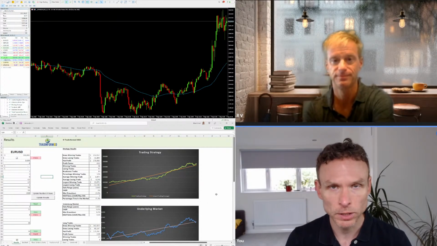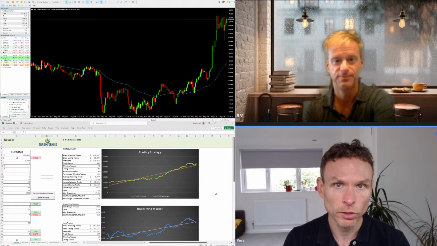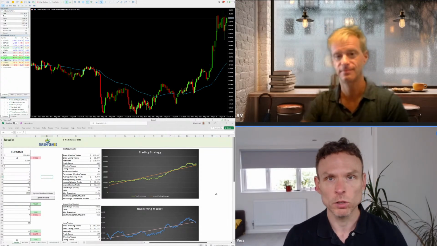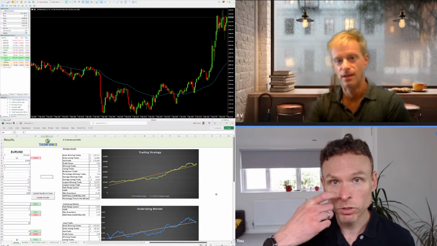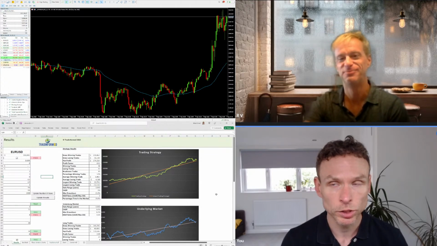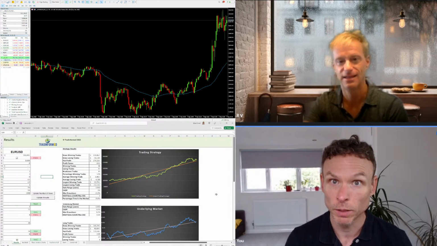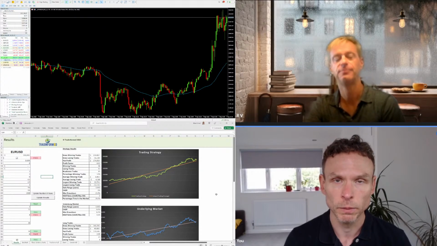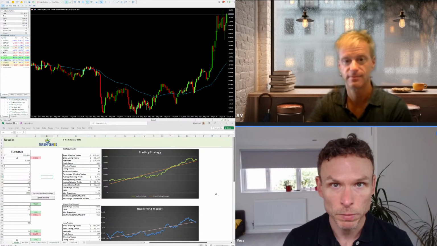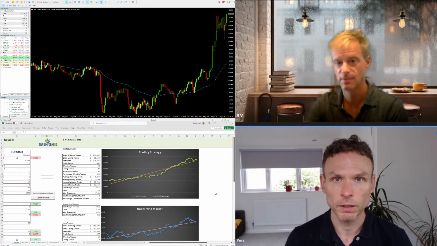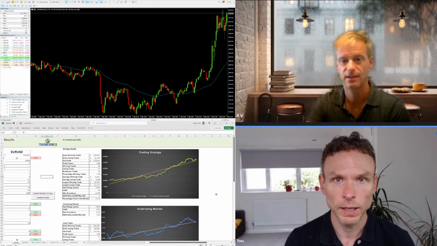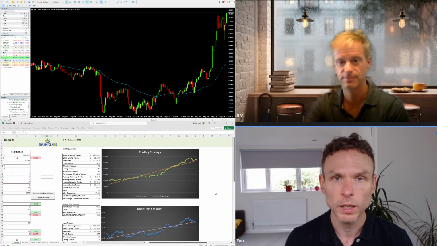For anybody else that uses MetaTrader 4, and I know here in the UK at least, there are more brokers still offering MetaTrader 4, which is practically a dinosaur in terms of trading platforms. But there are still more brokers offering that for some reason than MetaTrader 5. On the other hand, if you can resolve that issue, then as Ren was rightly saying, the interface, the connection, is a lot cleaner and a lot easier to implement.